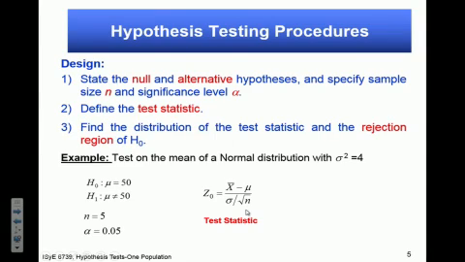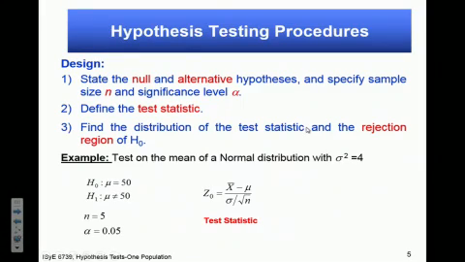The third one is to find the distribution of the test statistic and the rejection region. So what is the distribution of your test statistic? You can add one sentence here: under H null. So what is the distribution under H null? Then find the rejection region.